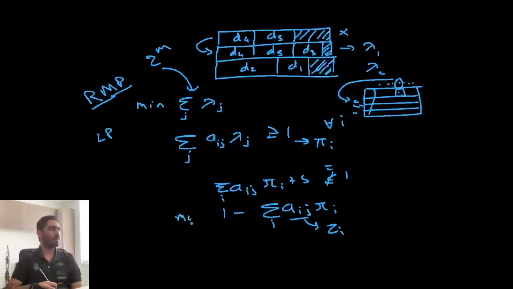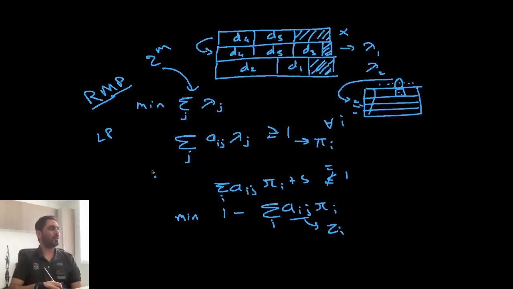So I'm going to minimize this reduced cost, and the zi are my variables. I'm generating a pattern that minimizes this reduced cost. If the reduced cost is negative, then based on the values of zi I know what the pattern is, and then I can add it. That's the idea behind it.